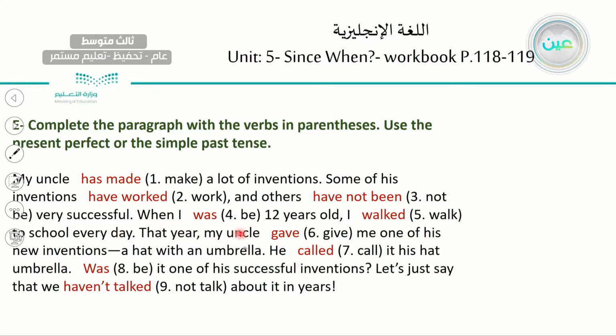That year, my uncle gave me, we have a year, when I was 12 years old, okay? These are specific times. That's why we use the past. That year, my uncle gave me one of his new inventions, a hat with an umbrella. He called it his hat umbrella.